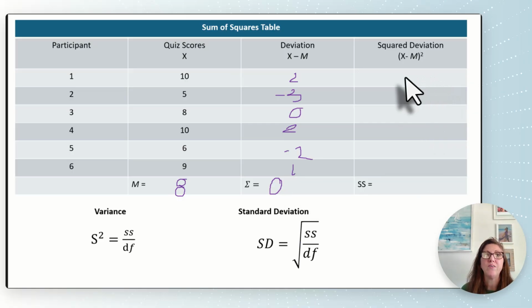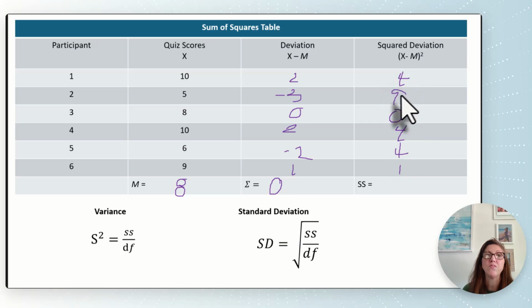Okay, so once we have our deviations, we're going to square them. So we square our deviation for participant number 1: 2 squared is 4. Negative 3 squared is 9. 0 squared is 0. 2 squared is 4. Negative 2 squared is 4. 1 squared is 1, and then we're going to add these up.